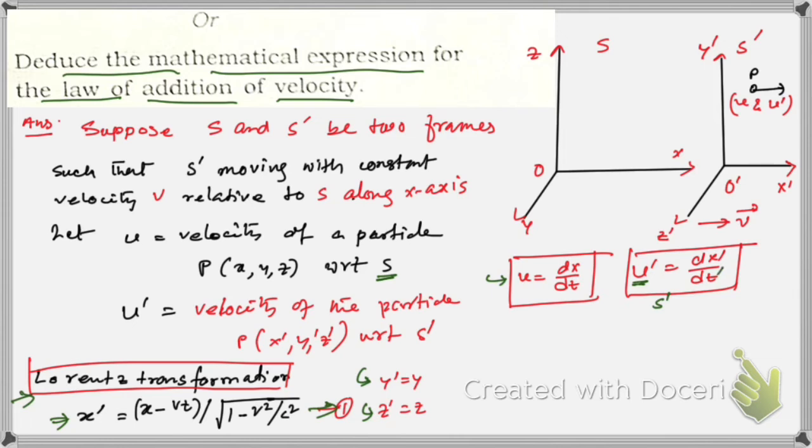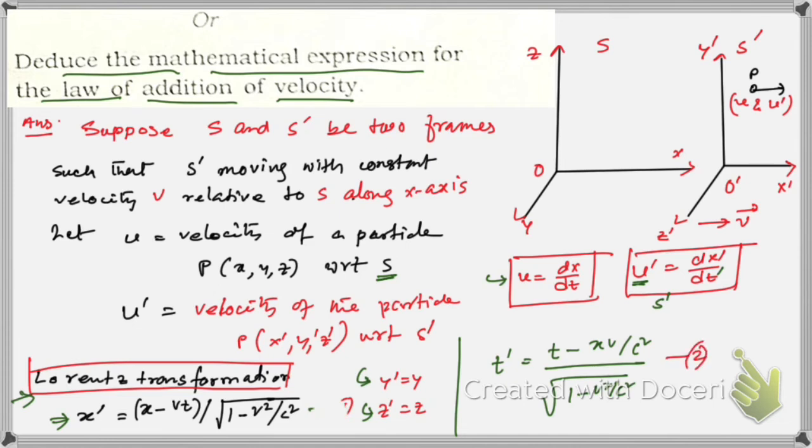And here you see, by the Lorentz transformation you will get t dash equal to t minus xv by c square, divided by root over 1 minus v square by c square. That's what you will get. This is, suppose, equation number 2.